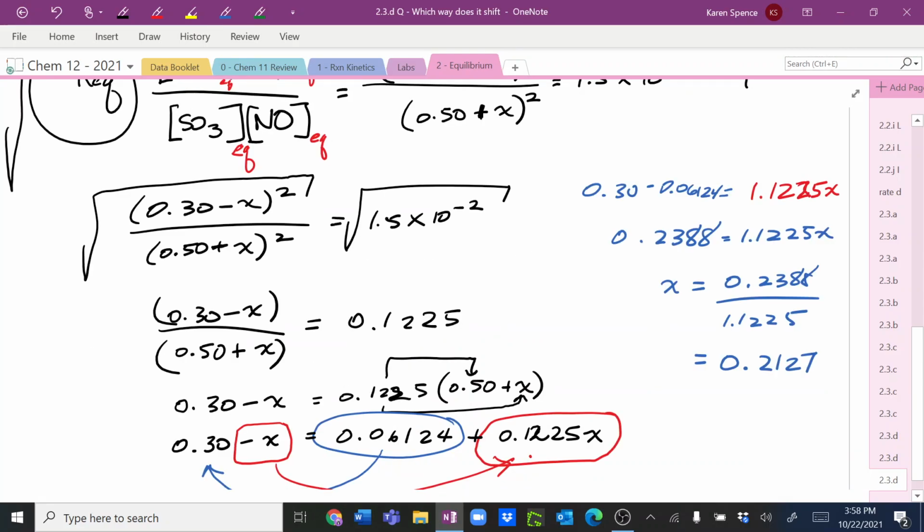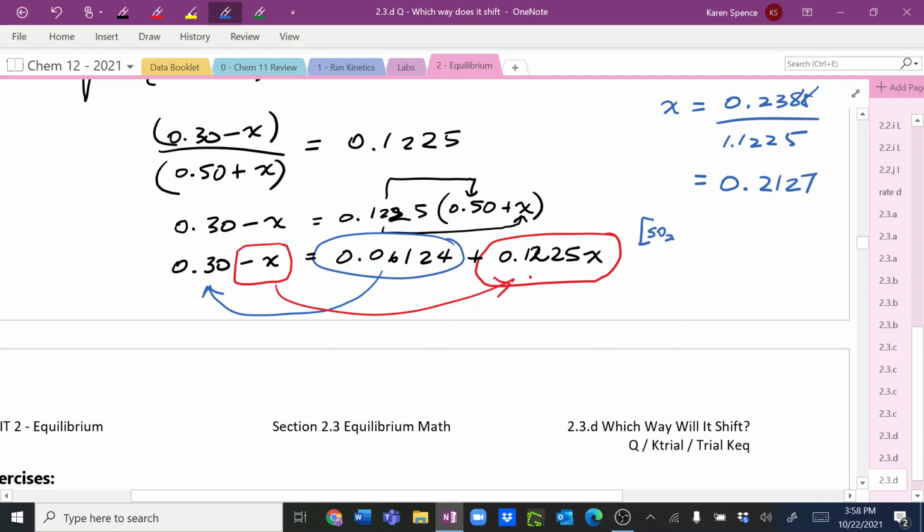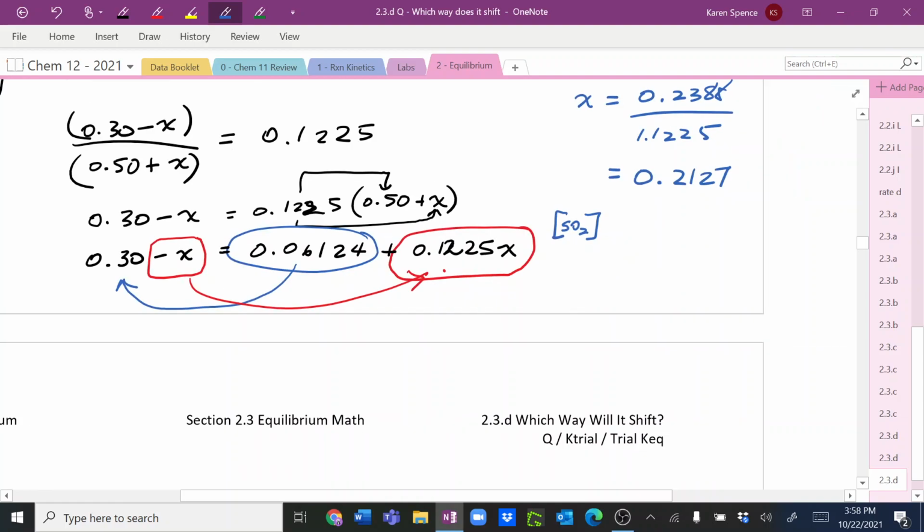So the concentration of SO2 at equilibrium is equal to 0.30 minus x, which is equal to, and I'm going to put a line here so I don't get that calculation mixed up with this calculation, 0.30 minus 0.2127, which is equal to 0.087.